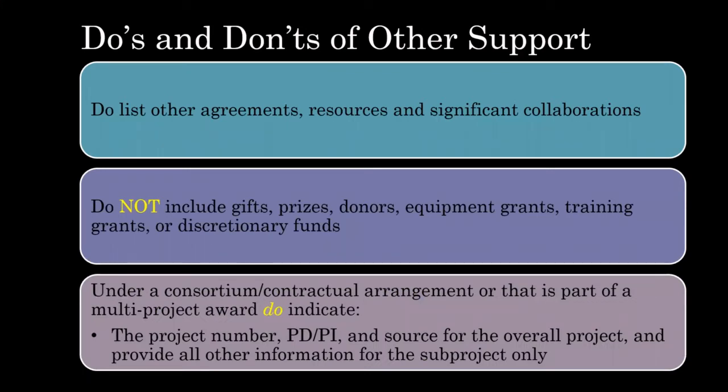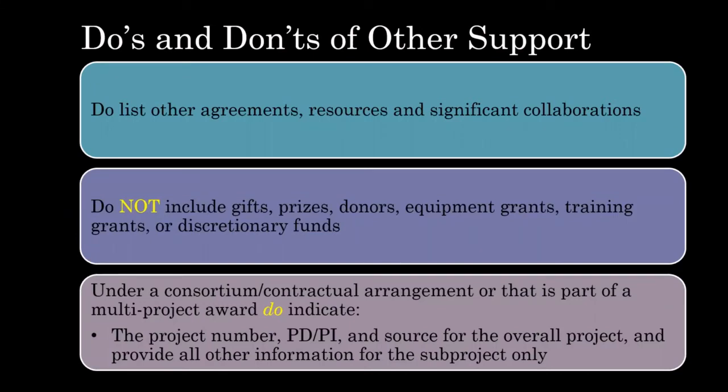And under a consortium or contractual arrangement, or that is part of a multi-project award, do make sure that you indicate the project number, the PD/PI, and the source for the overall project, and provide all information for the sub-project only.